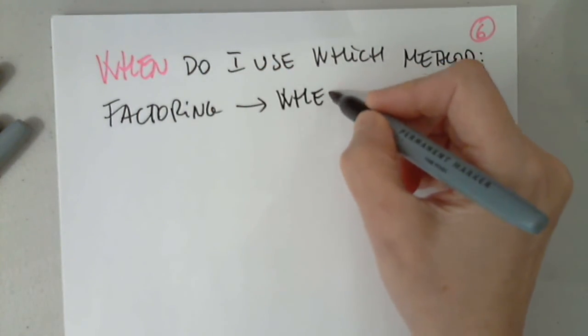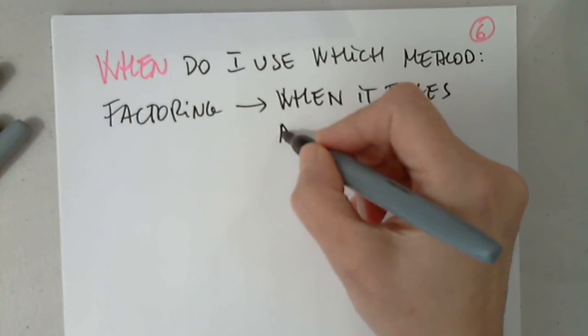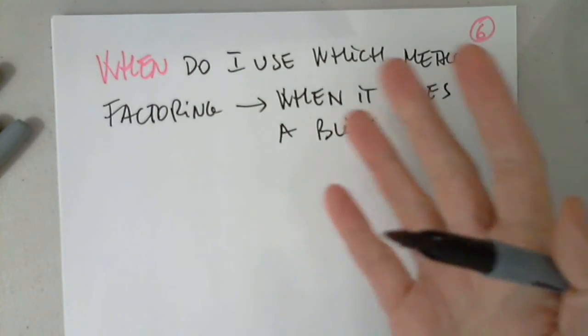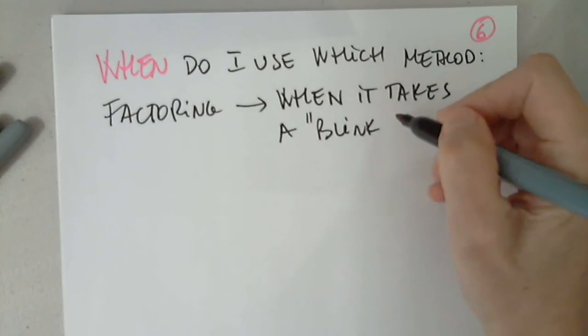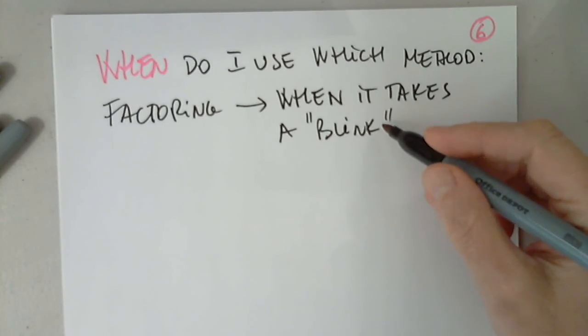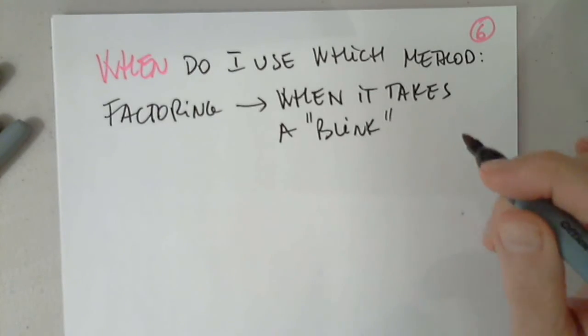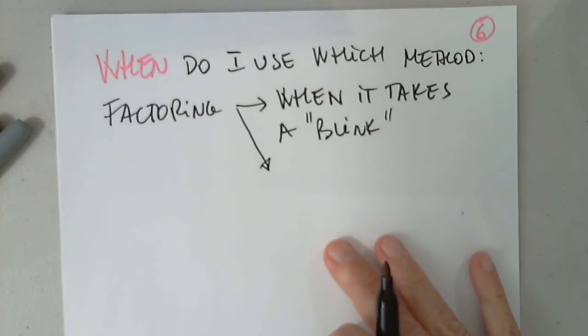Factoring, when it takes a blink. If I'm forced to use a particular method, then it's clear. I don't have to choose. I am told. They chose that for me. Factoring when it takes a blink. If it takes me 5 minutes to factor, forget it. I don't want it. So when it takes a blink. Factoring is not always applicable.